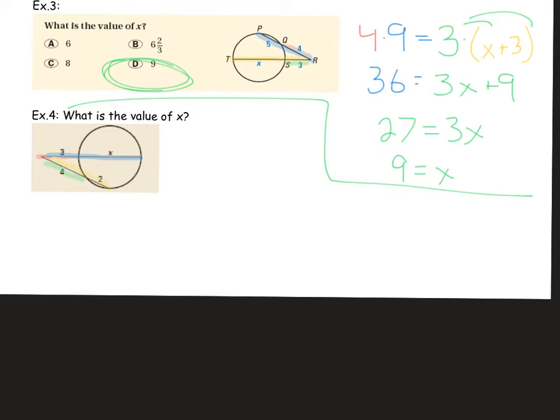So again, the exterior piece is 3, and we need to multiply that by the entire piece, which is x plus 3. Again, you have to add them up. And then we've got the exterior part, which is 4. We have to multiply that to the whole thing, which would be 6, because 4 plus 2 is 6. And then again, just solve like you typically would.